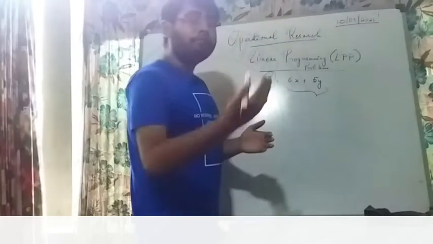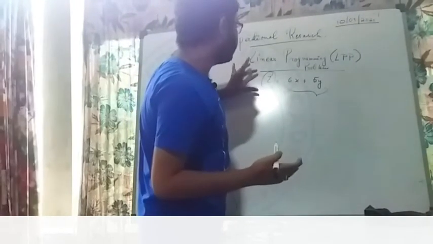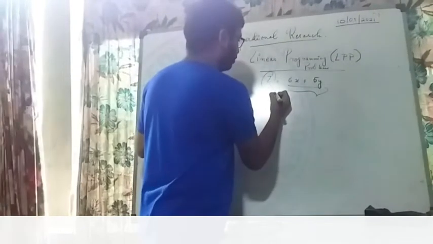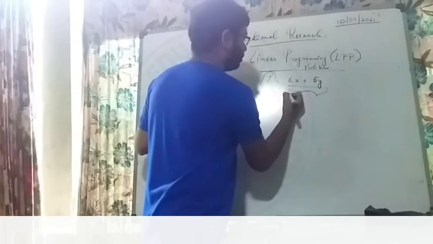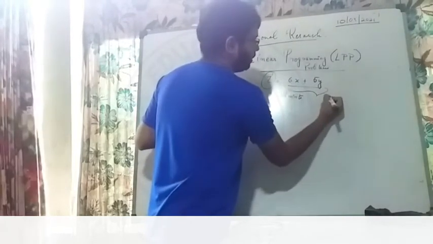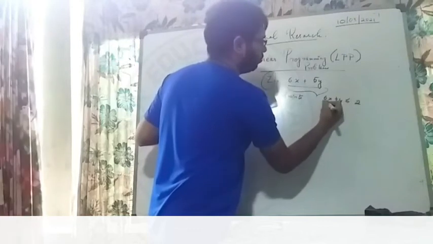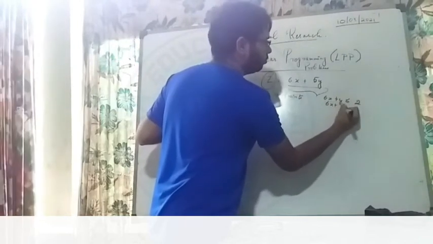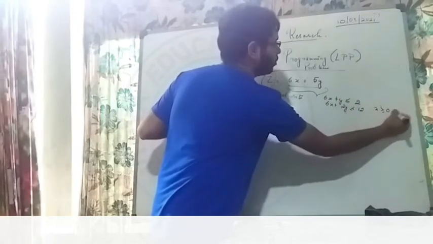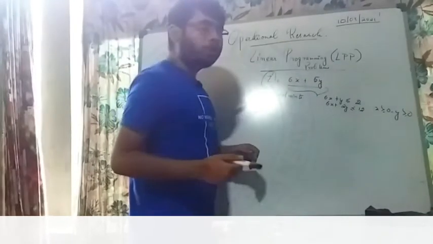Then there are some supportive constraints. Constraints means there are some equations which support this main function, subject to constraints. Say this is an arbitrary equation. Why is it called linear programming problems?